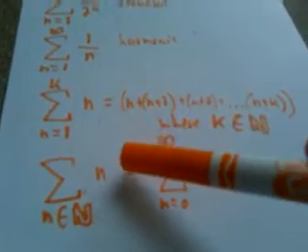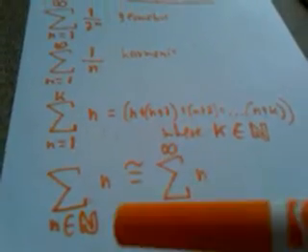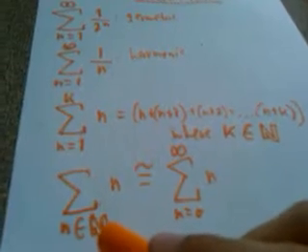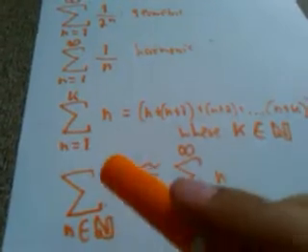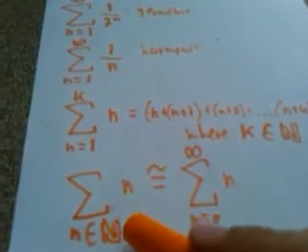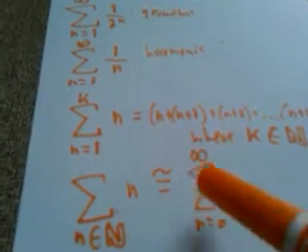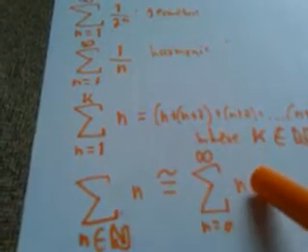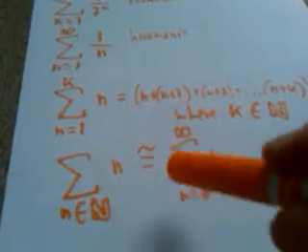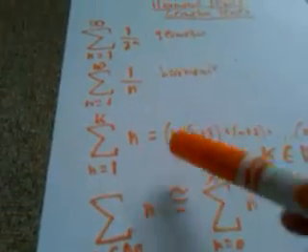Another interesting thing to start talking about now and get into later: we have this, where n is a member of the natural numbers, which means that you're going to sum all the natural numbers. It's the same thing as writing the sum from n equals 0 to infinity of n. Same thing, because if you haven't noticed already, we are only working with natural numbers.